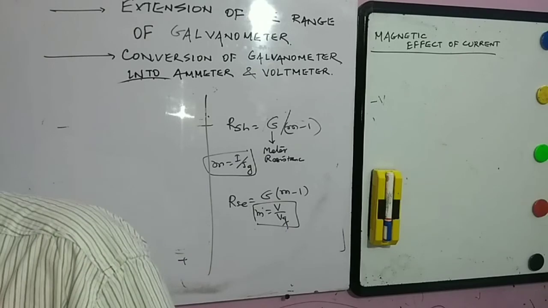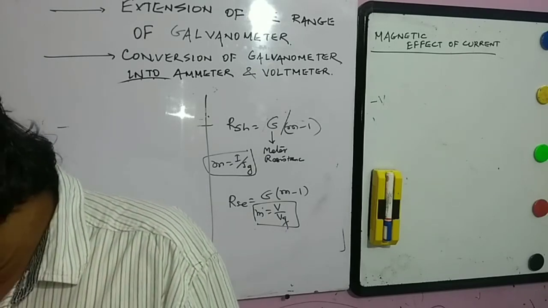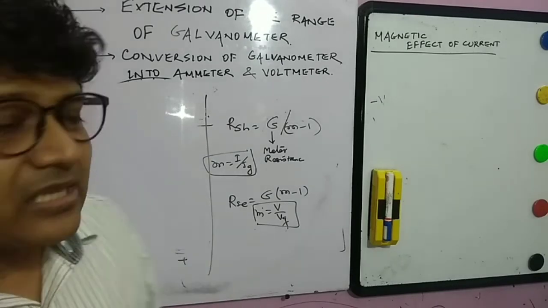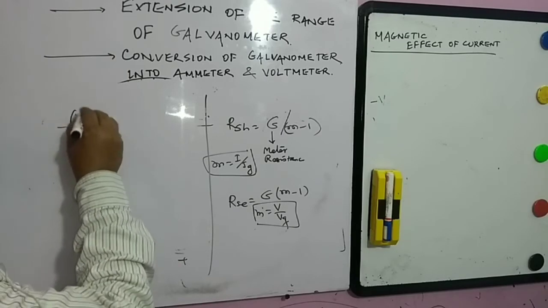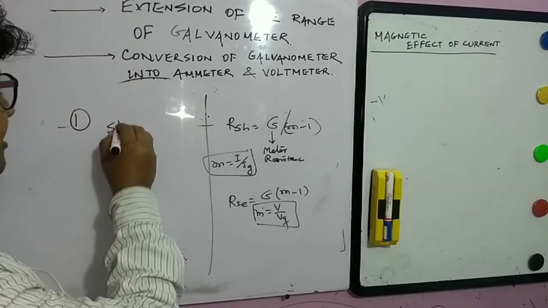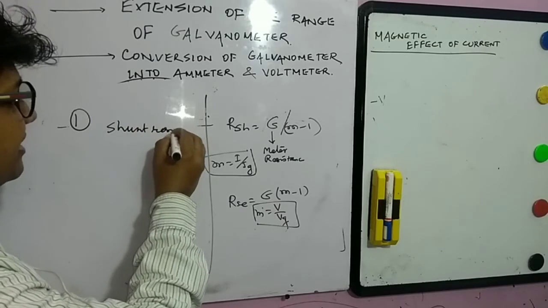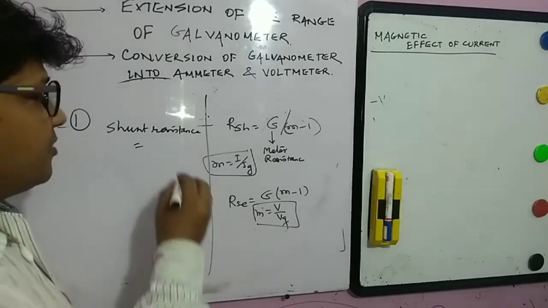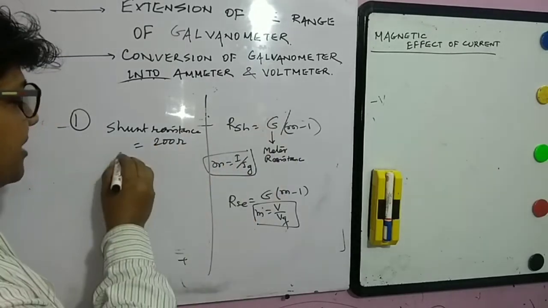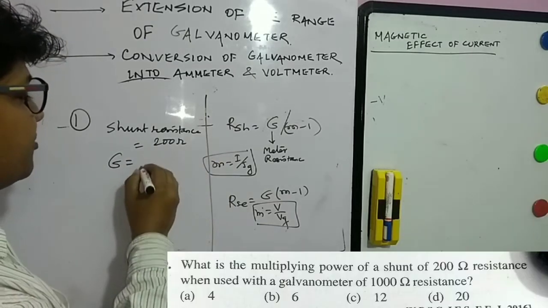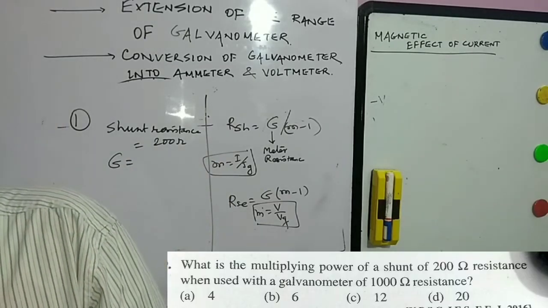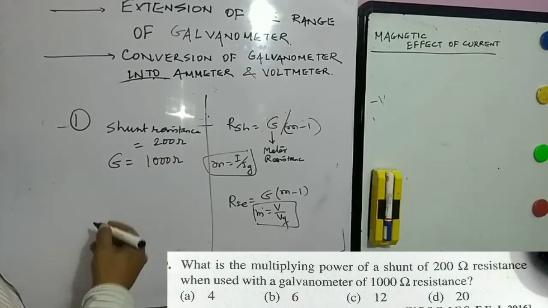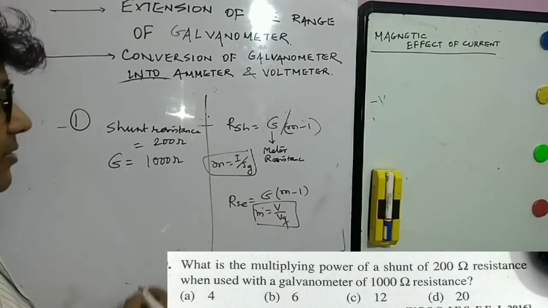The question is: what is the magnifying power of a shunt of 200 ohm when used with a galvanometer of 1000 ohm resistance? The shunt resistance has the value 200 ohm, used in parallel with a galvanometer whose resistance is 1000 ohm. So what will be the value of magnifying power?